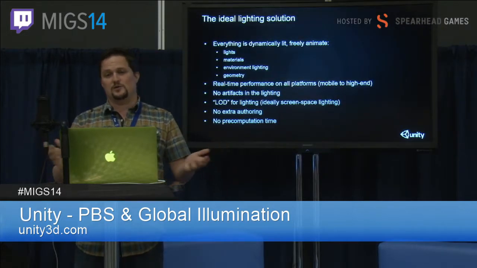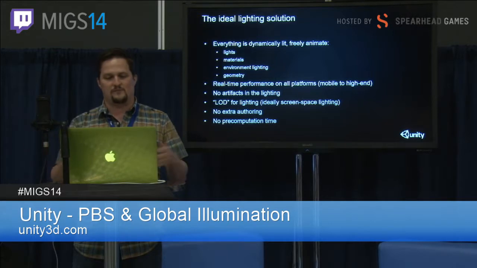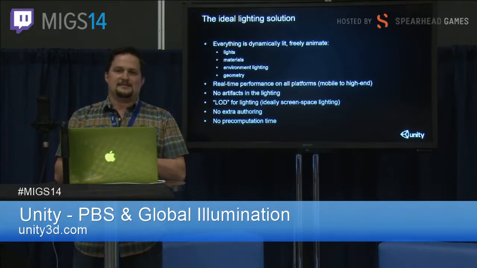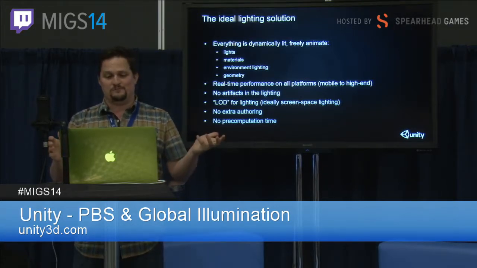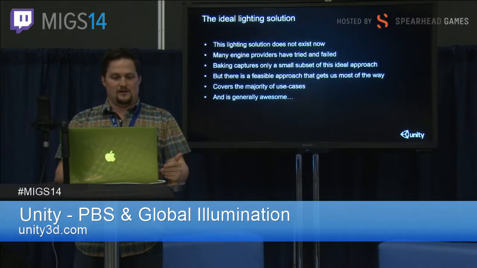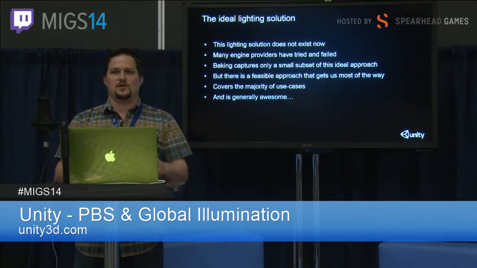The ideal lighting solution obviously would be real-time performance on all platforms. Everything is dynamically lit. Unfortunately, it's not quite possible yet, even though it's the ideal solution. But we're getting there. And many engines try to provide something, but it's not working.